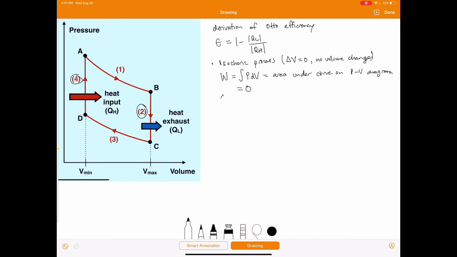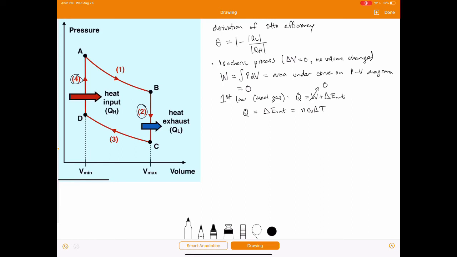The next thing we can do is look at the first law for ideal gases. And remember, this says Q is equal to W plus delta E internal. Well, if work is equal to 0, then Q is just equal to delta E internal. And remember that the change in internal energy is given by N times CV times delta T.